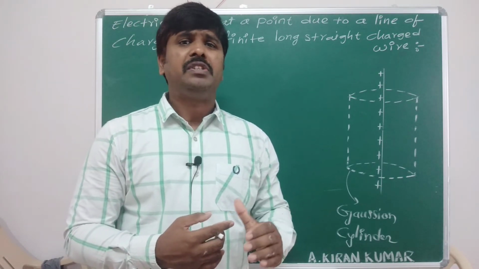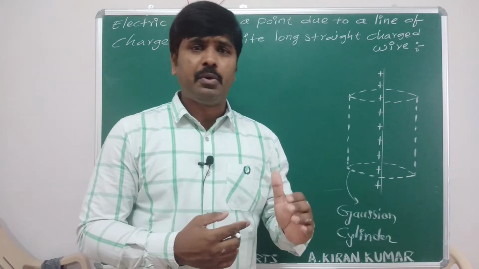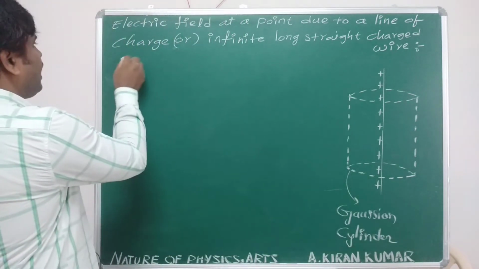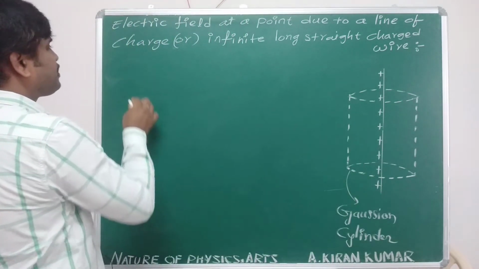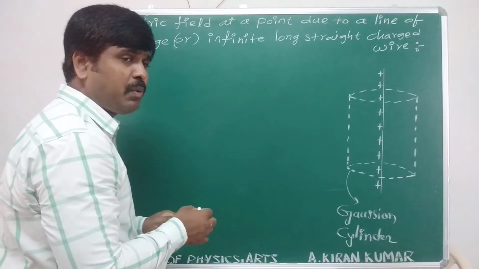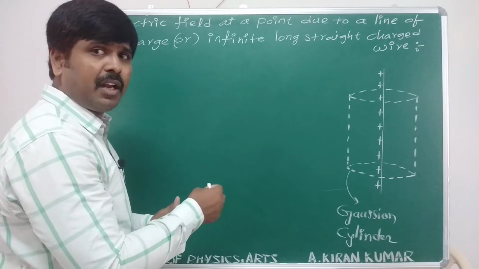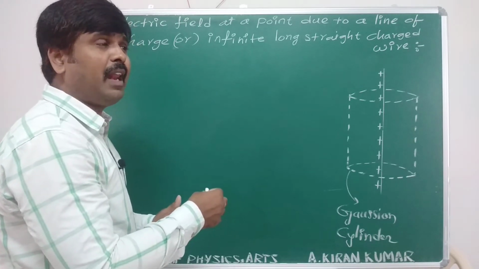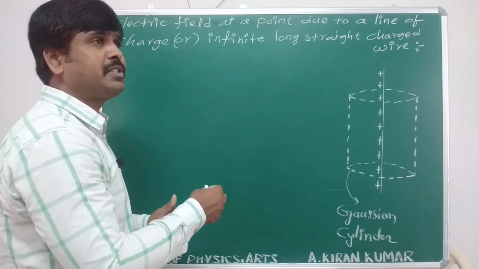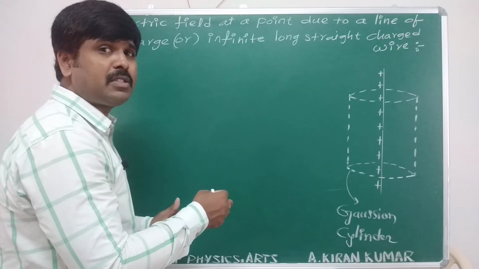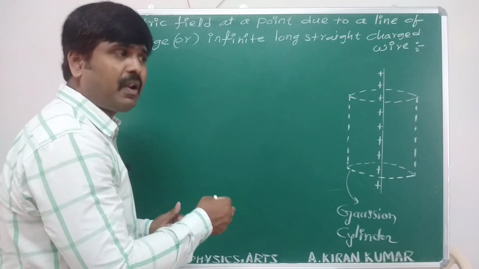See, now, first, based on the Gauss law I will do this. What is Gauss law? The total electric flux through any closed surface is equal to 1 by epsilon naught times the net charge. What is electric flux? The total number of electric lines of force passing through the surface and normal to the surface is called electric flux.